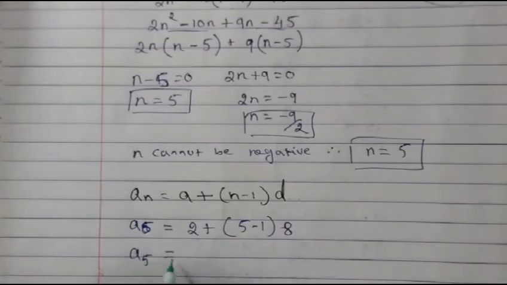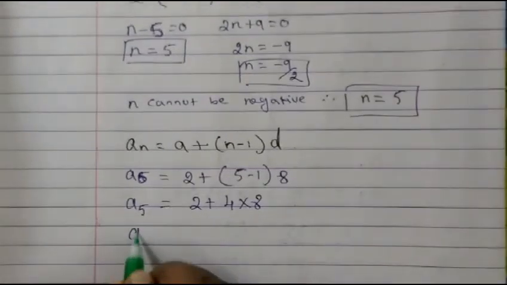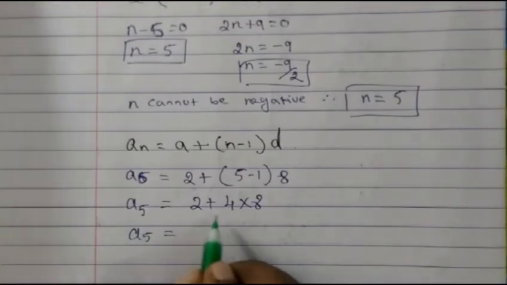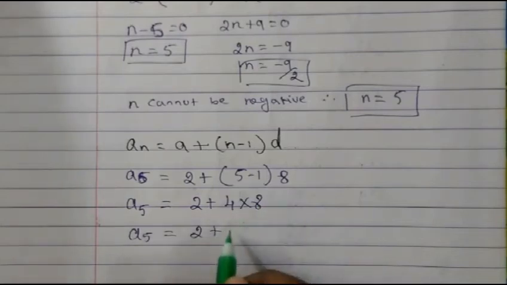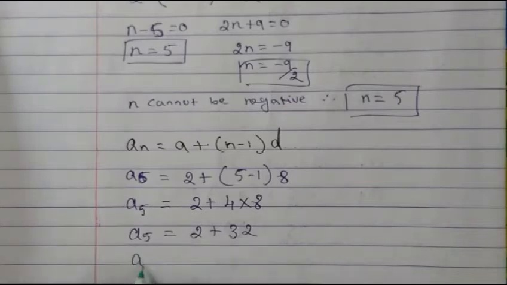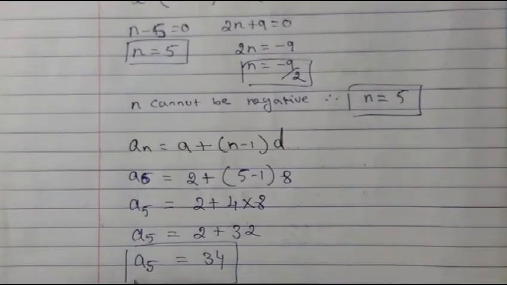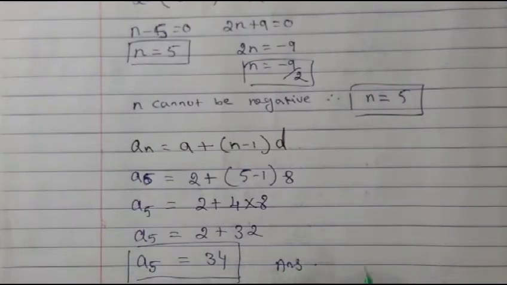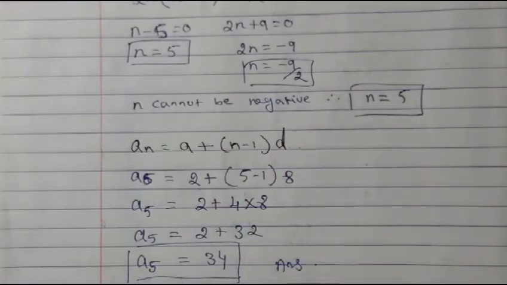So a5 equal to 2 plus 5 minus 1 will be 4, then we have 8 here. So a5 equal to 2 plus 32. So then a5 is equal to 32 plus 2 will give us 34. So a5 is equal to 34.